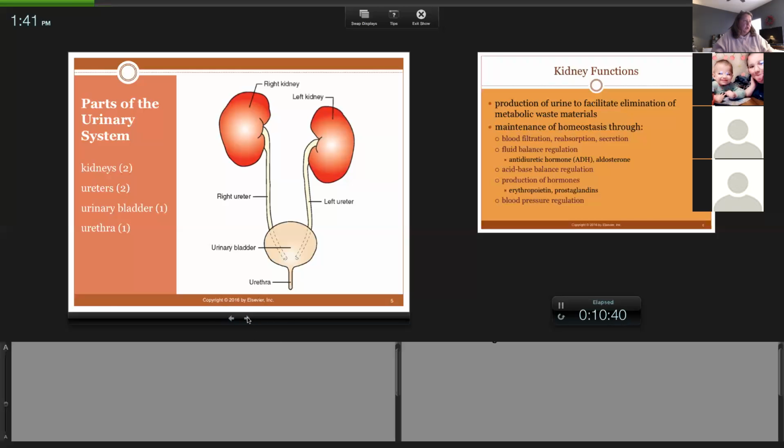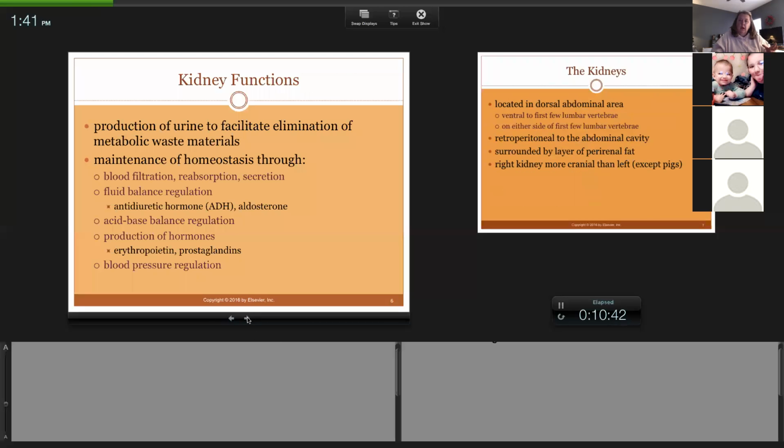As in every section I teach, there are jobs for these organs, and I've already told you that the kidney produces urine to get rid of wastes. The wastes get put into the urine and leave the body. So that's the number one job. But I cannot tell you how important the kidneys are for overall body homeostasis. The body is going to recruit the kidneys for a lot of other functions.